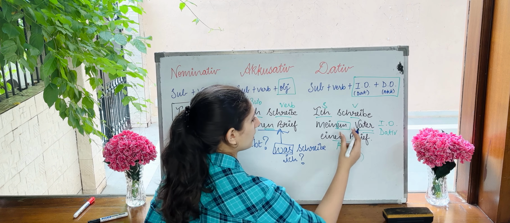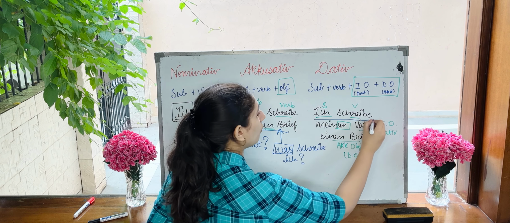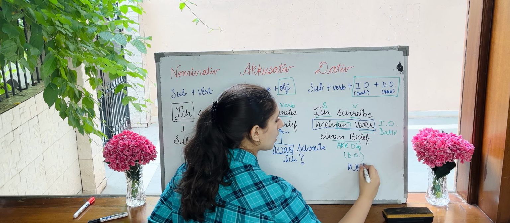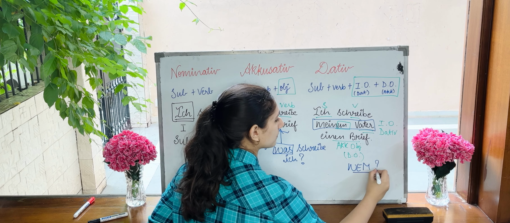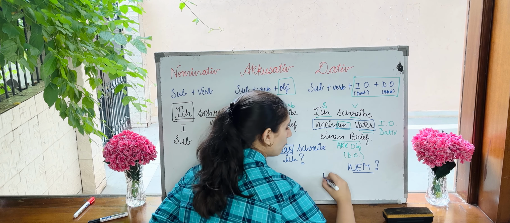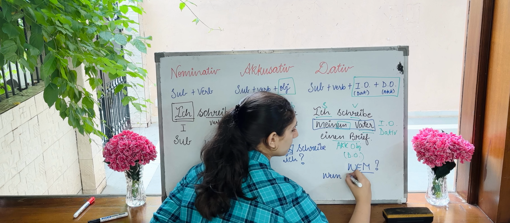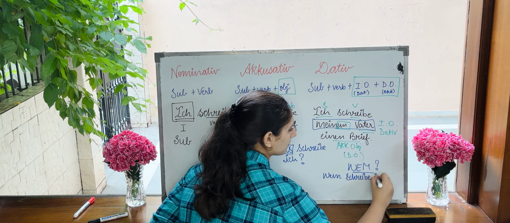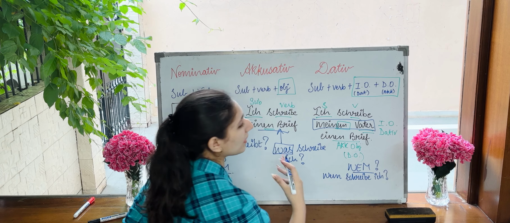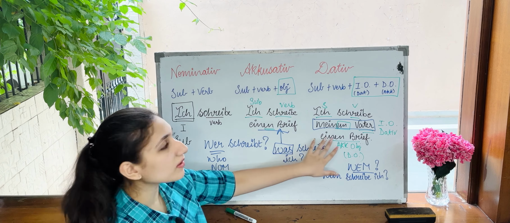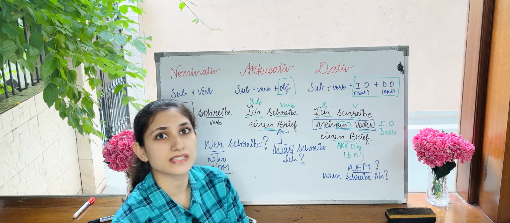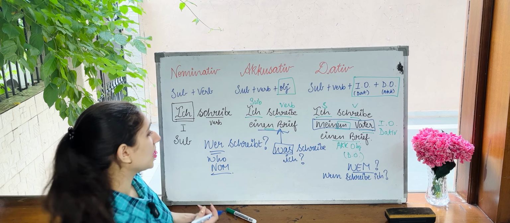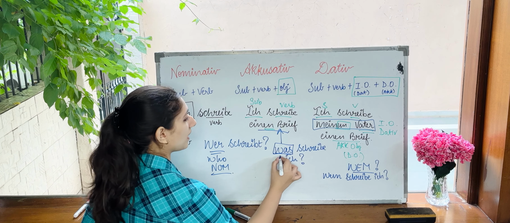Now, to know to whom I am writing, the W-Frage is wem. Wem schreibe ich? To whom am I writing? I'm writing to my father. So sometimes when you get confused, you can use the W-Frage also. Was we have used here for the thing.